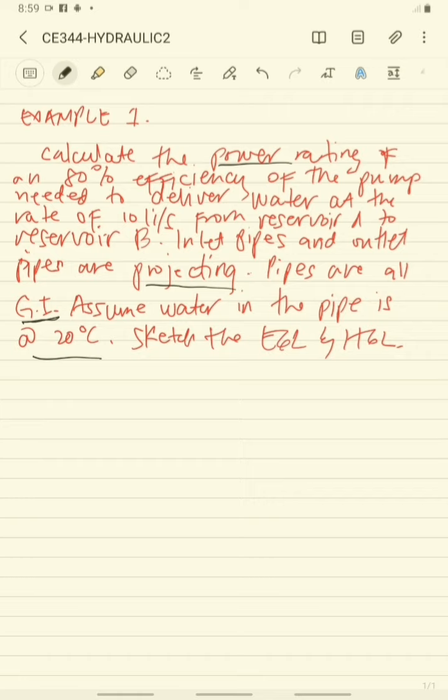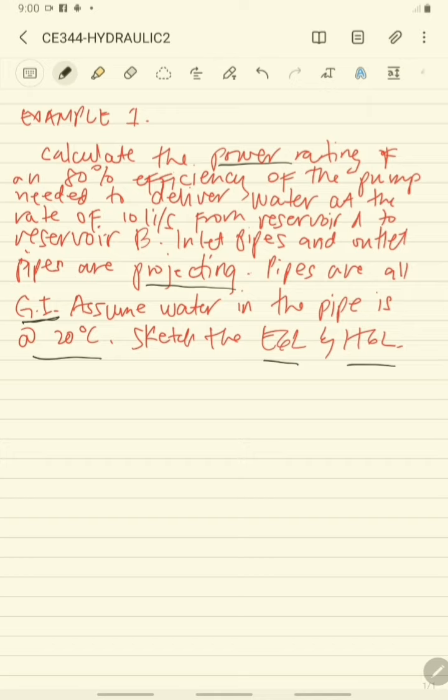If you have a fluid mechanics book, you can refer to the back of the book, where you can find the list of properties of fluid at different temperatures. Then you have to sketch the energy grade line and the hydraulic grade line.